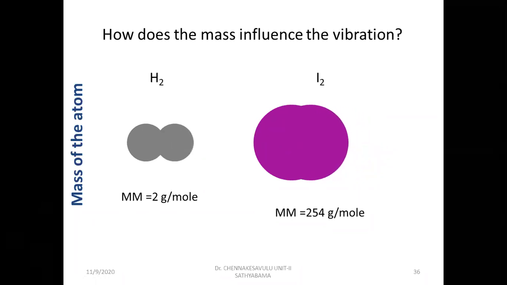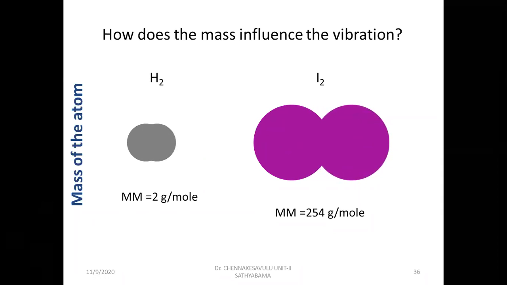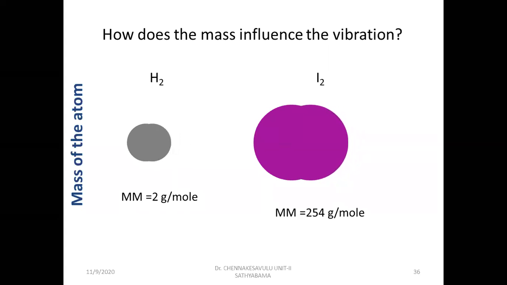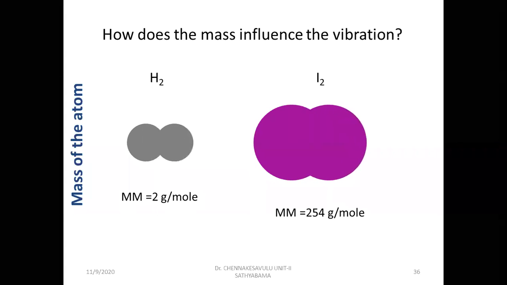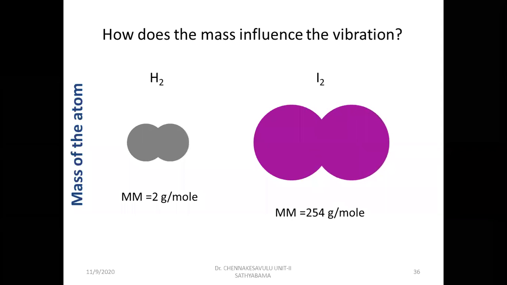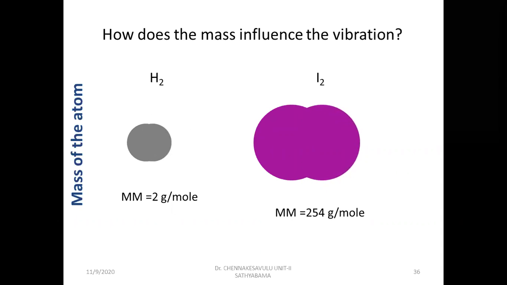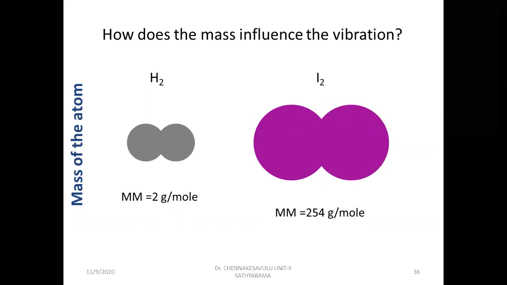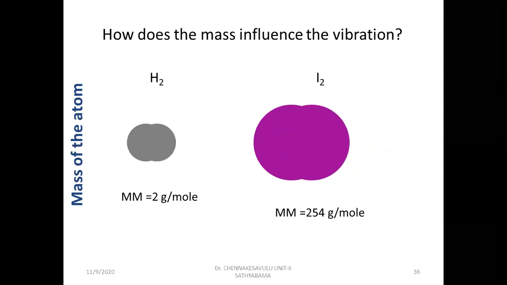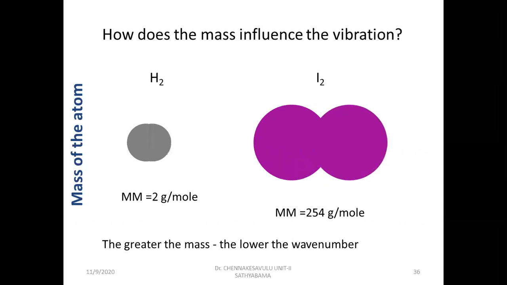For hydrogen we will have one force constant, for iodine we will have another. When these atoms vibrate, the molecule will try to get back to its original position due to the restoring force. That restoring force, or k, is known as the force constant.